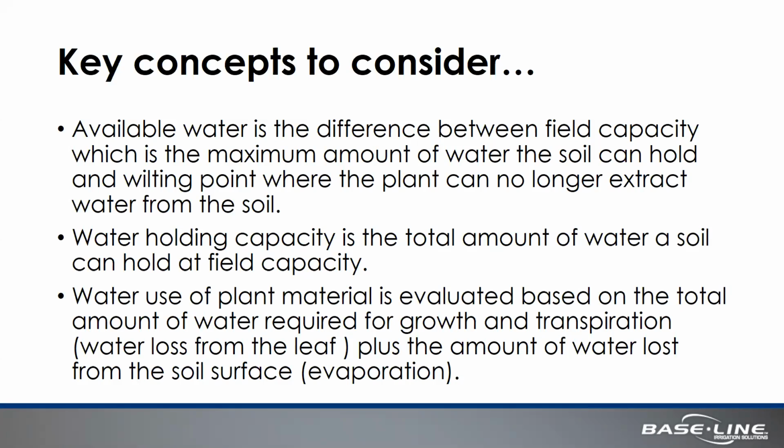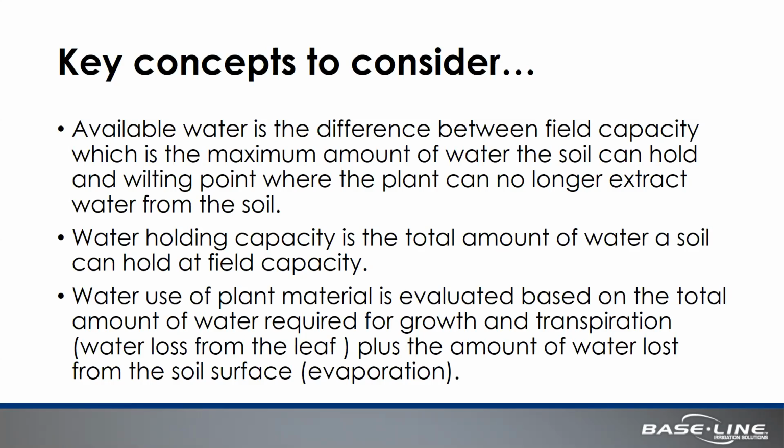Another concept to consider would be the water holding capacity, how much water the soil can hold at field capacity. And then the water use of plant material is evaluated based on the total amount of water required for growth and transpiration, or water loss from the leaf, plus the amount of water lost from the soil surface, which is evaporation.